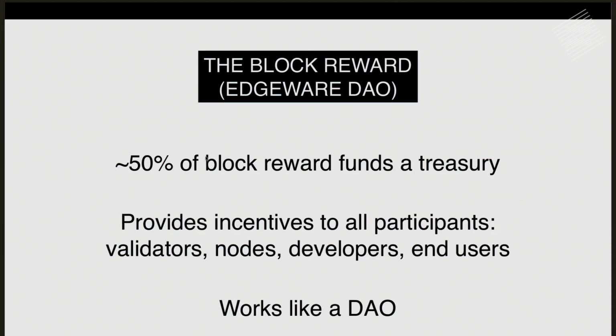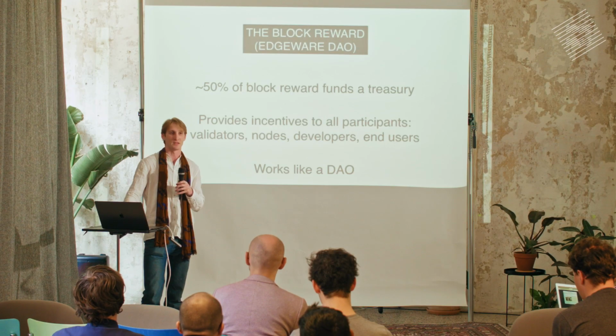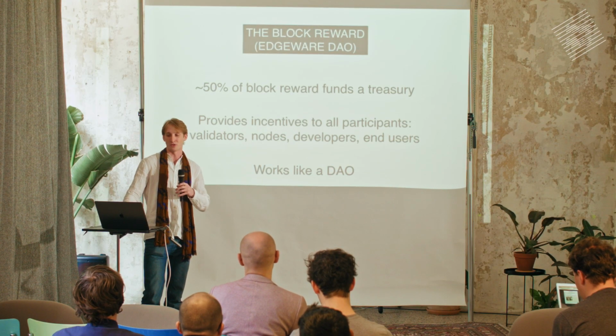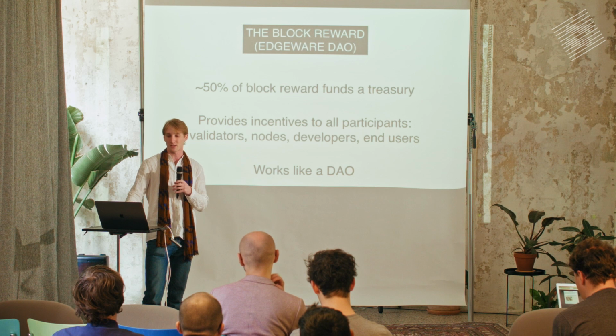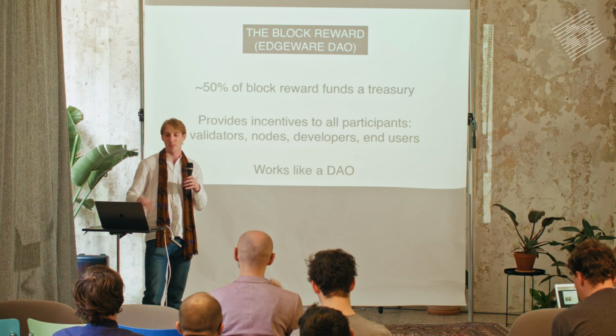How we see the block reward being community governed is that 50% of it would go to a treasury, and then this treasury would be able to allocate funds to new projects, such as new runtime upgrades or different allocation to validators and whatnot.